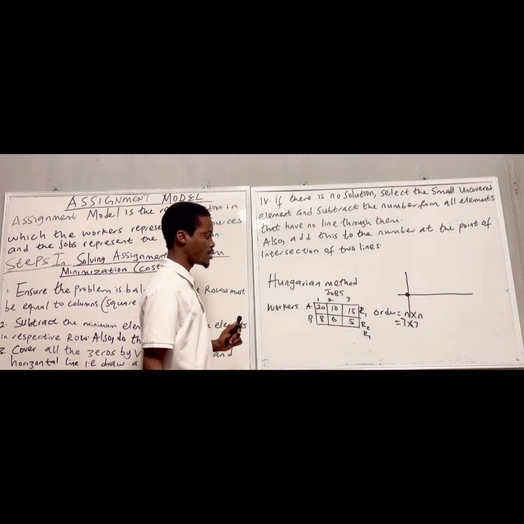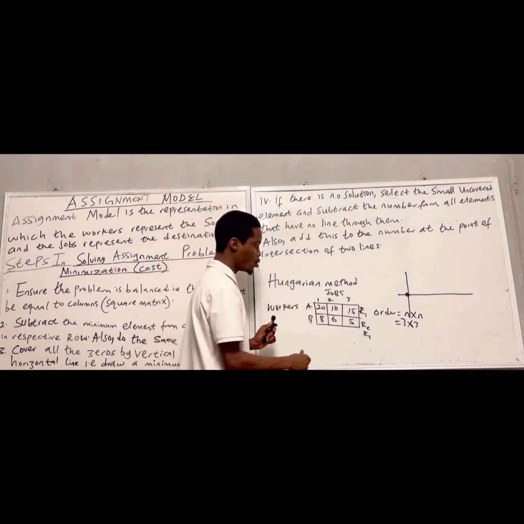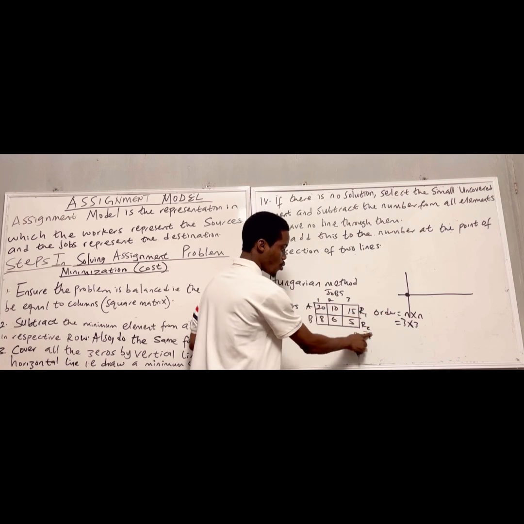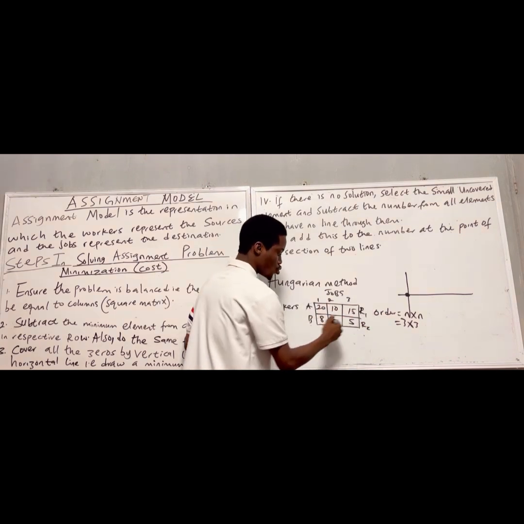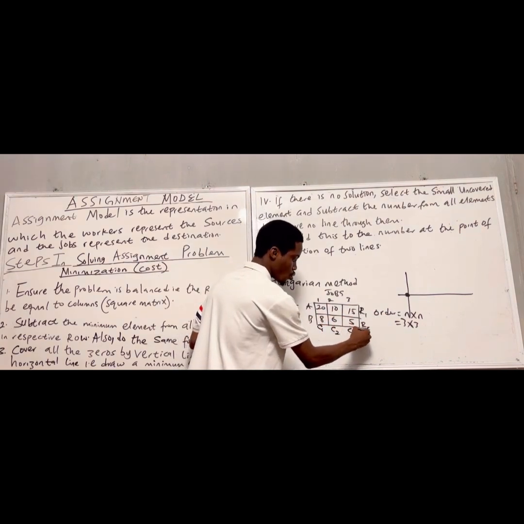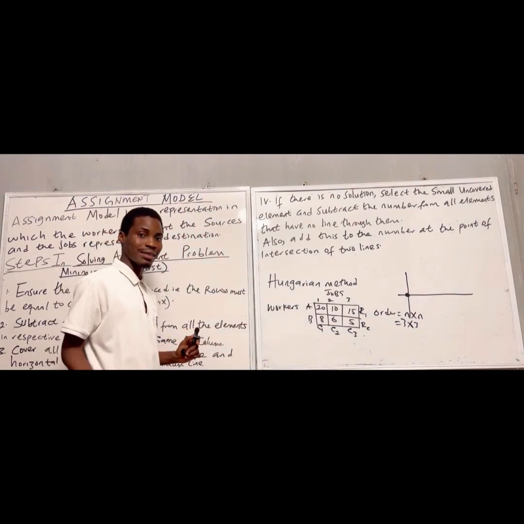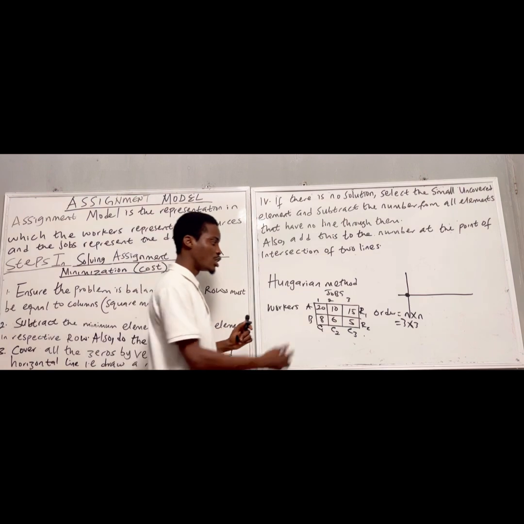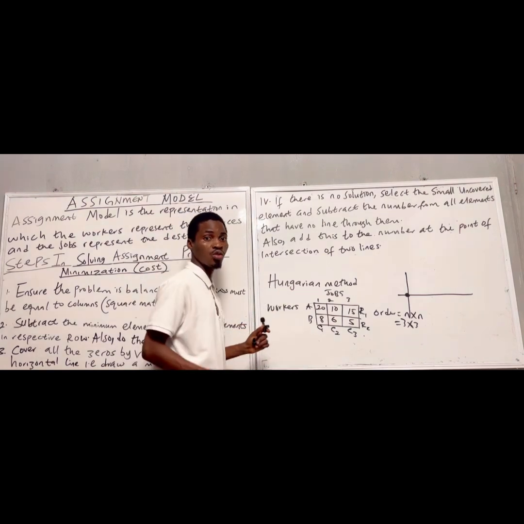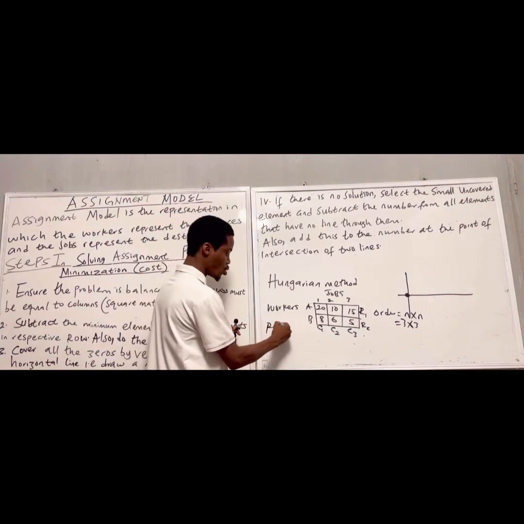How many rows are here? Row 1, row 2, column 1, column 2, column 3. What type of balance is this? It is not balanced. It is an unbalanced assignment problem. That is, the row is not equal to the column.